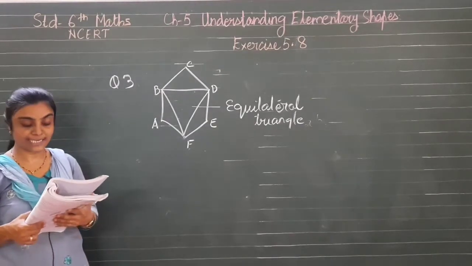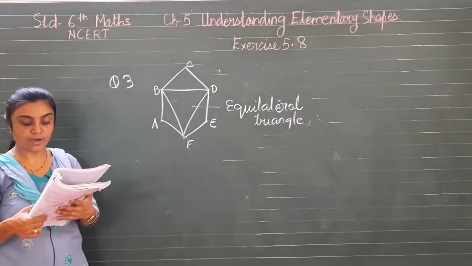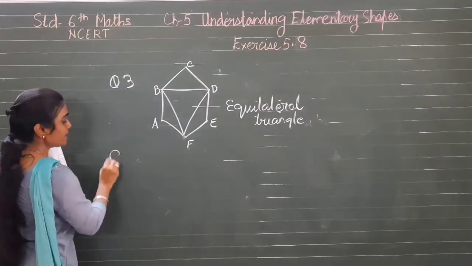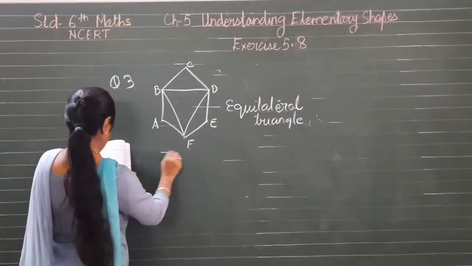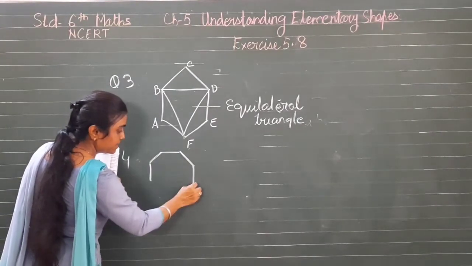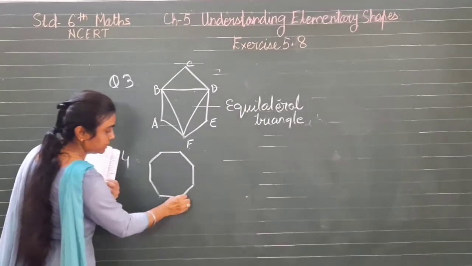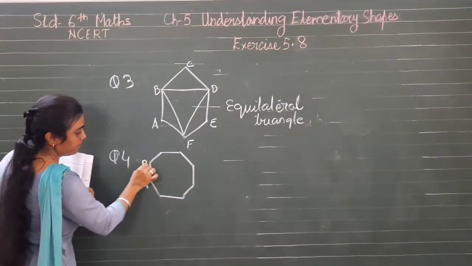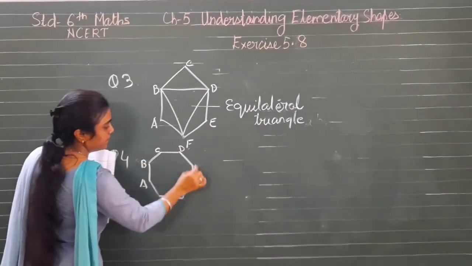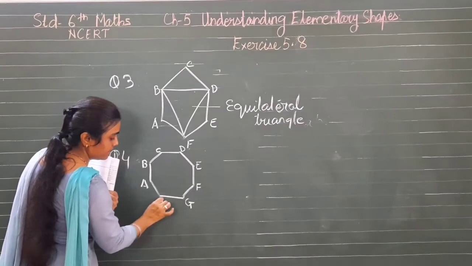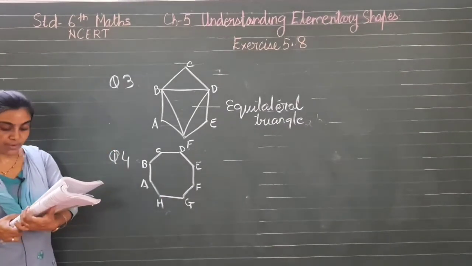Now let us move to the next question 4. Draw a rough sketch of a regular octagon. Now an octagon has 8 sides. 1, 2, 3, 4, 5, 6, 7, 8. Let us name it A, B, C, D, E, F, G, H. Use squared paper if you wish.